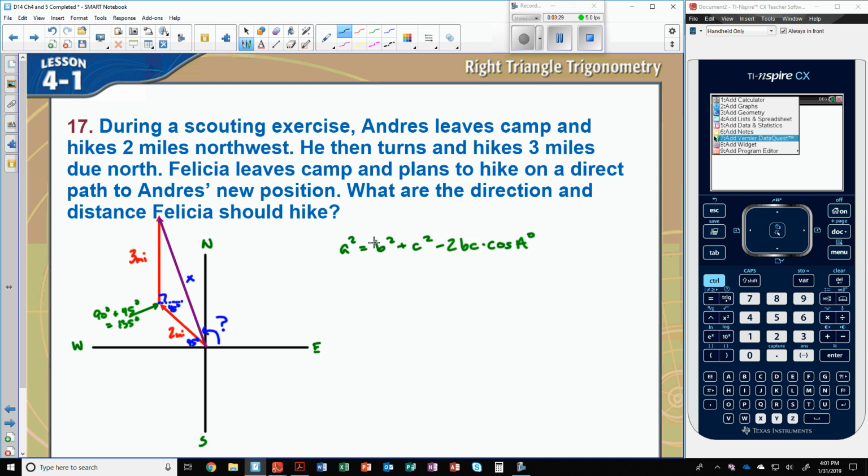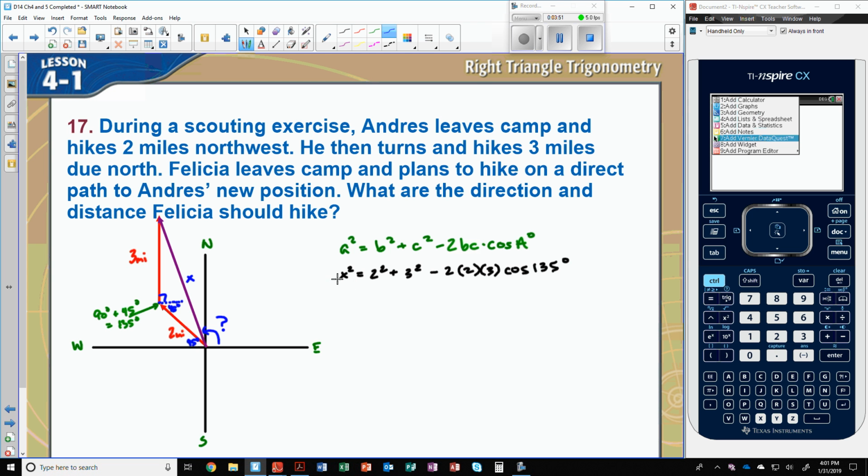We're looking for A here, which I'm going to call x squared. For b, we could choose any one of them. I'll choose 2 squared plus the c would become 3 squared, minus 2 times 2 times 3 times the cosine of this 135 degree angle.